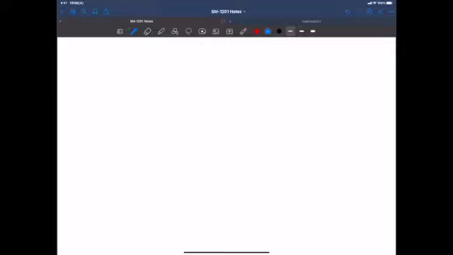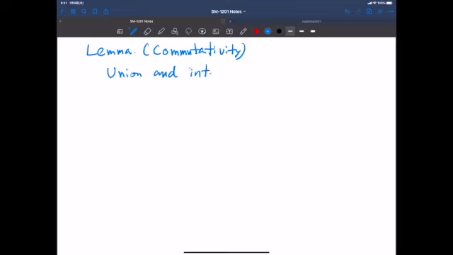Now let us prove a seemingly trivial lemma about commutativity. It says union and intersection are commutative. What does commutative mean?